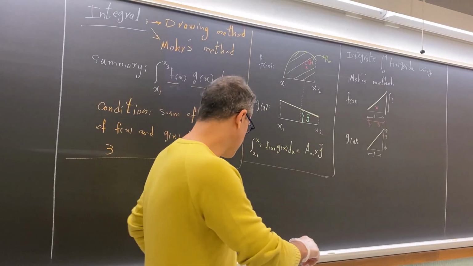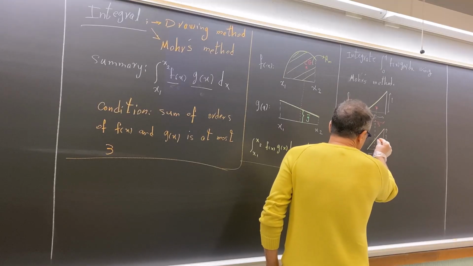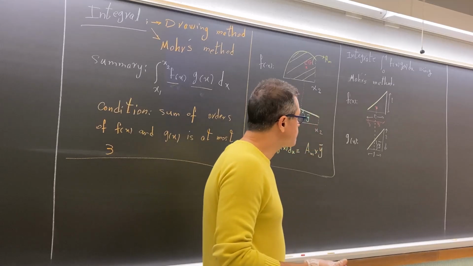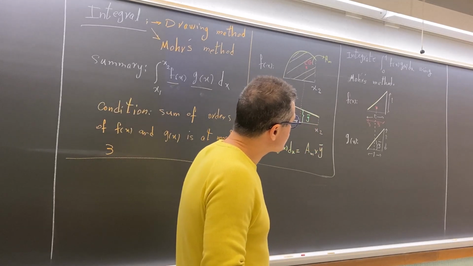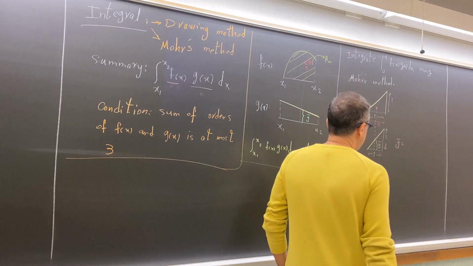Draw a vertical line from the centroid and this one is called y bar. How much is y bar? I'll give you time.